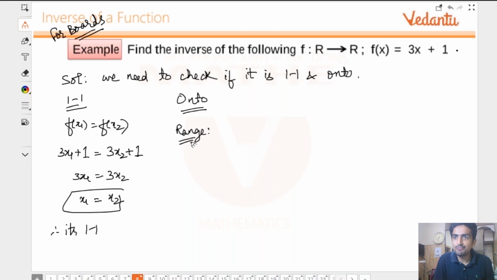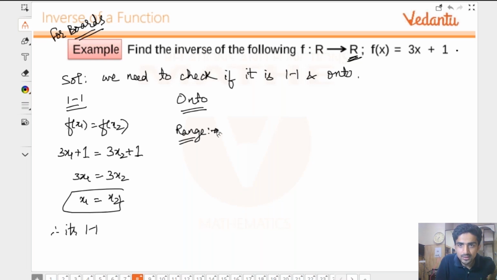Codomain we are given, so we will find range. If range is equal to codomain, then function is onto. If not equal to codomain, then into. This is a very common mistake. Students get confused. So just keep in mind, onto means we have to find range. That's all.